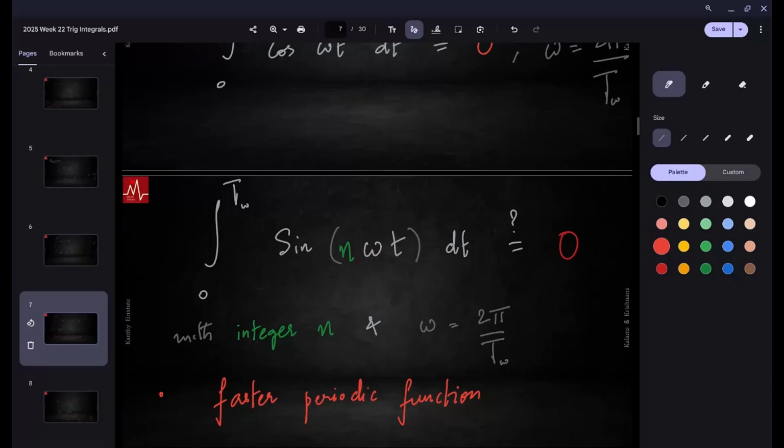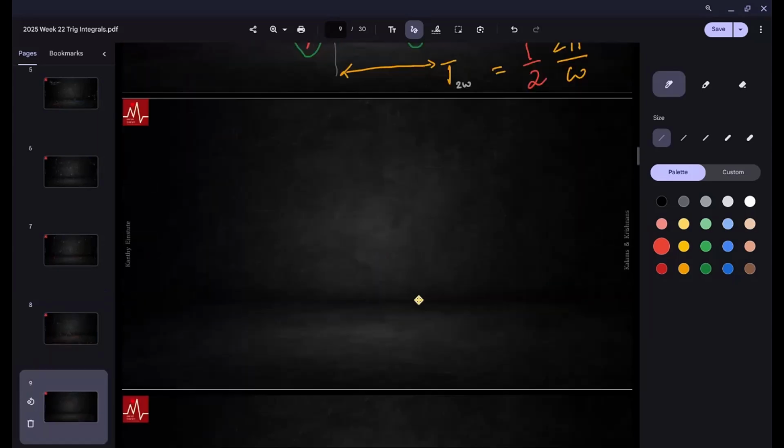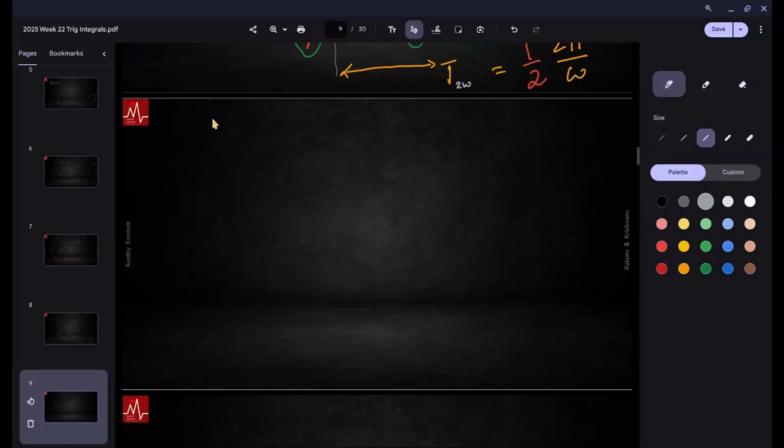Okay, so now a quick question. So 0 to T, T omega, cos n omega t.